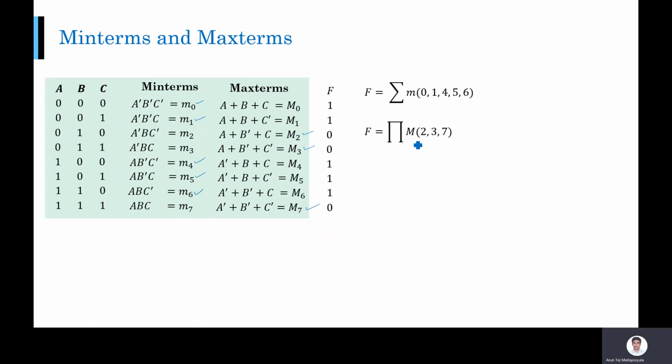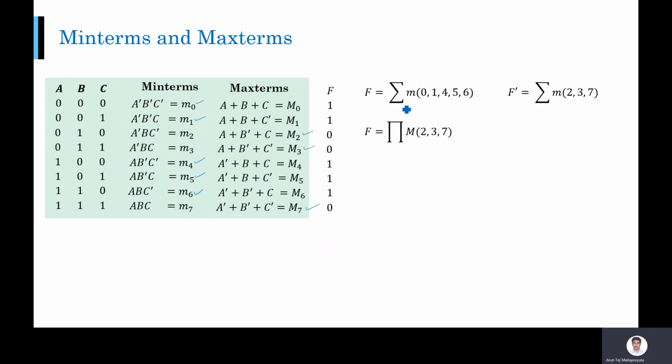Therefore, I can write f as the product of max terms 2, 3, and 7. Now you can easily notice that whatever row numbers are here, they are not here. So if you have one form of representation, you can find the other form by simply putting those rows which are not present in the first form.